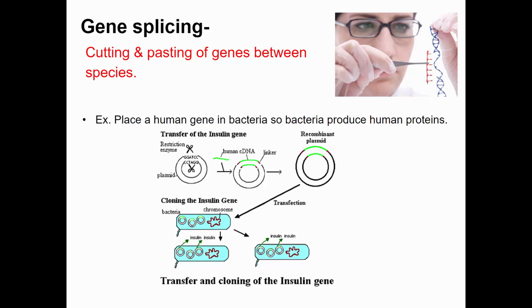So 50 years ago, people that were diabetic, their insulin came from pigs. When pigs were slaughtered for food, their pancreas was removed and some of the insulin extracted, and that was given to people to use.